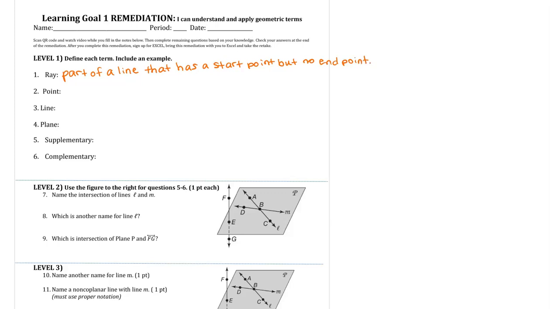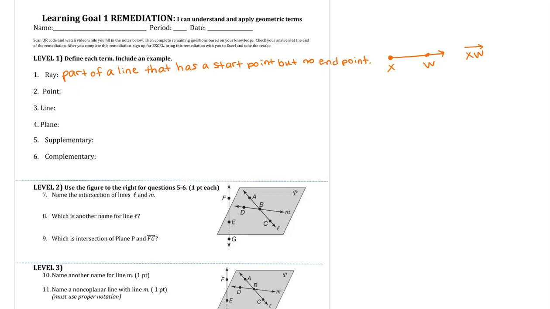And we're going to include a little example here. Maybe our ray has a point X and it's traveling in only one direction. We're going to make sure we have another point on this ray and we're going to call it W. So if we were to name this ray, we would start with the endpoint, then the letter it's going toward. The arrow on top is only facing the direction that the actual ray is facing. So that would be called ray XW.